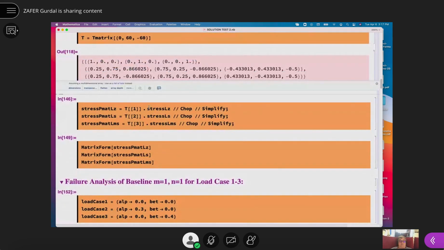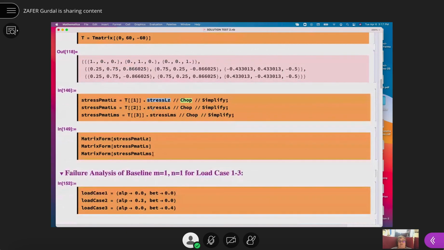If I multiply those with the 0-degree, 60-degree, and minus 60-degree stresses, I get stresses in the principal material direction for the 0-degree layer, the plus 60-degree layer, and the minus 60-degree layer.